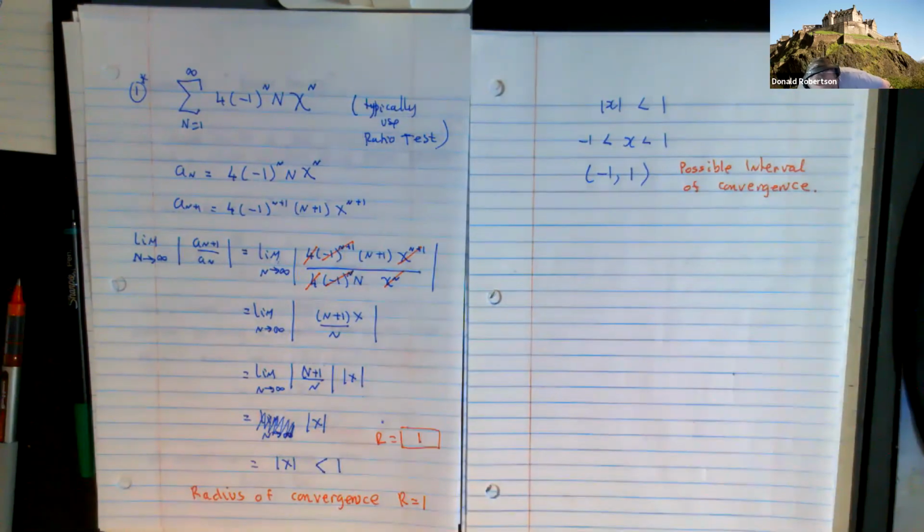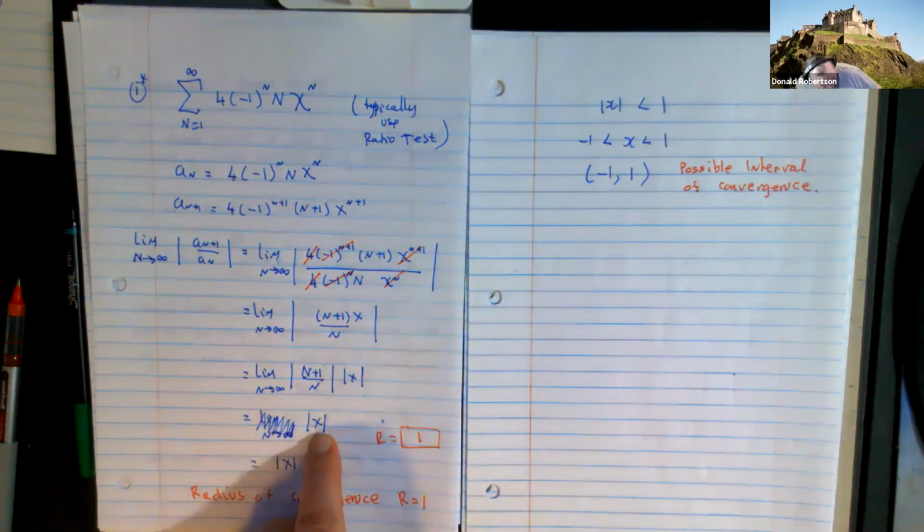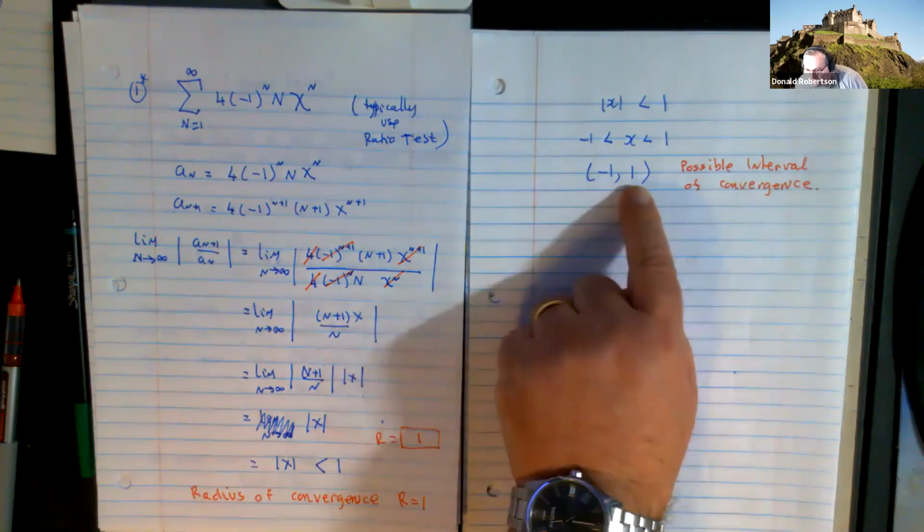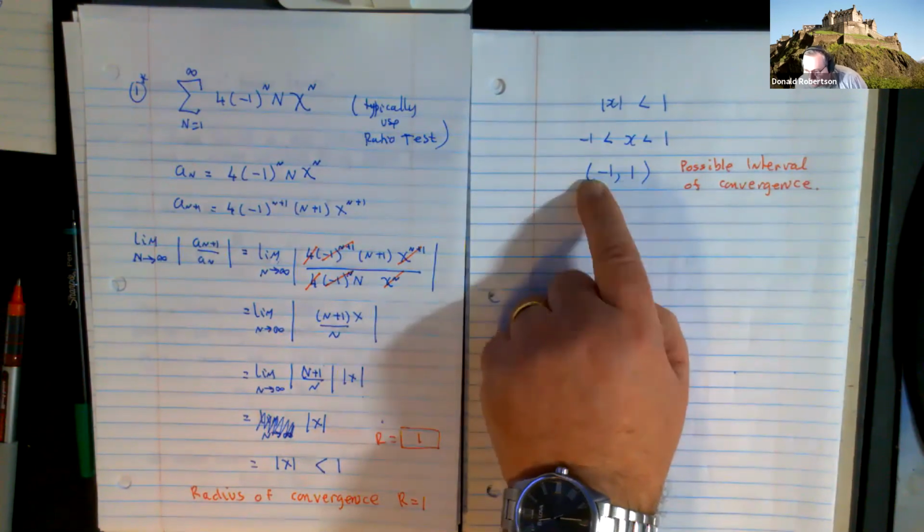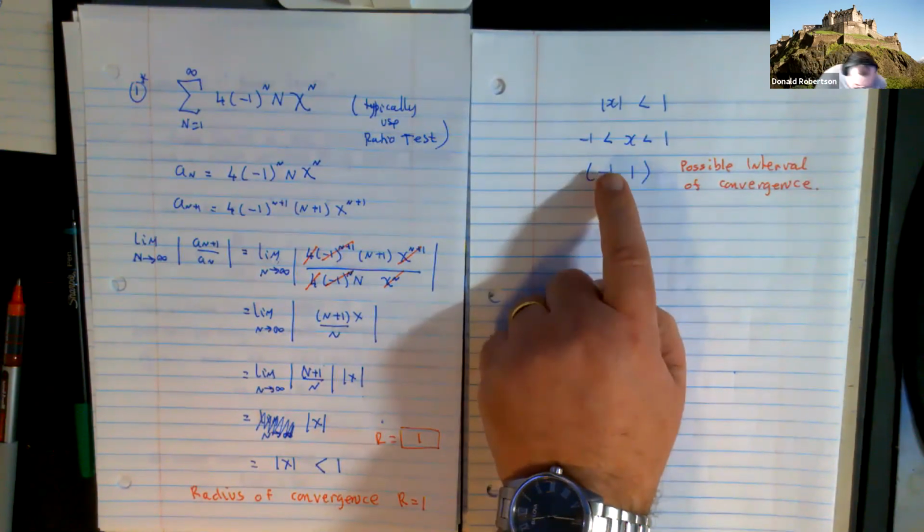And you say, what on earth is the word possible doing there? The reason why this is the possible interval of convergence is because the ratio test will definitely converge if the absolute value of x is less than 1. So those are definitely values that you can use, anything between -1 and 1.